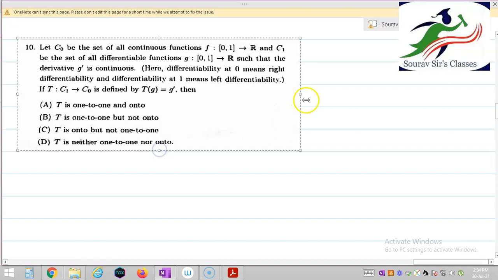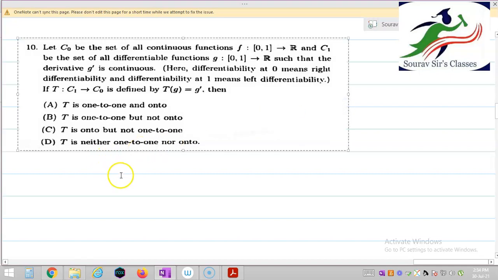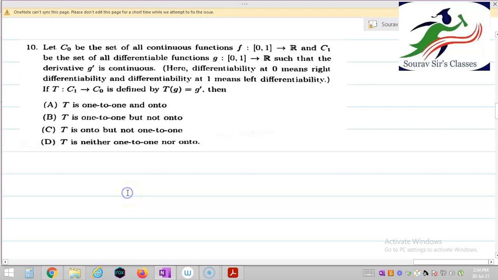So in this video I am going to discuss the solution of question number 10. Question number 10 says that C0 be the set of all continuous functions f from the closed interval 0 to 1 to R, and C1 be the set of all differentiable functions g from closed 0 to closed 1 to R, such that the derivative g dash is continuous.